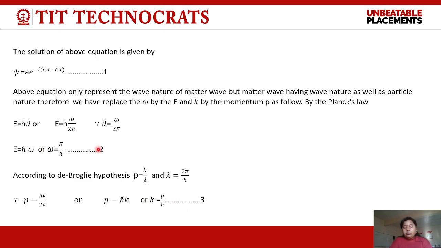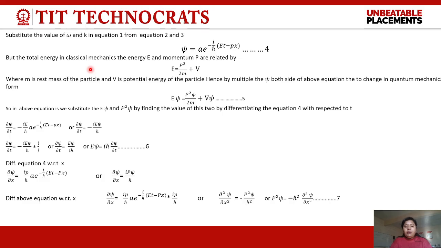Now I am going to substitute the values of omega and k from equations 2 and 3 into equation 1. So my equation becomes psi is equal to A e raised to power minus i by h cut (Et minus Px). See here, omega t is converted into Et and kx is converted into Px.